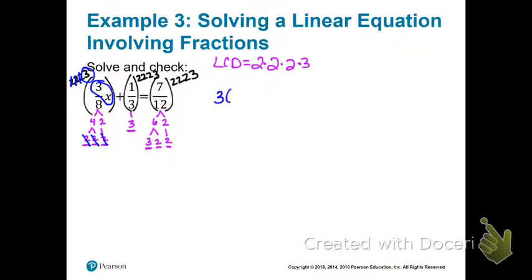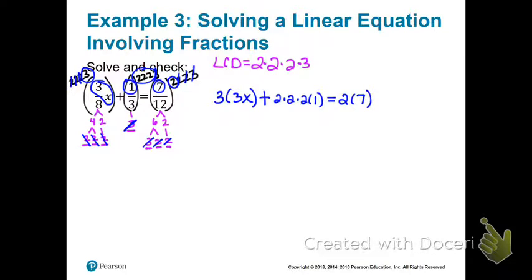So we have 3 times 3x, and it's a plus sign there. The second one, I just wanted to get rid of the 3, so I have 2 times 2 times 2 times the 1 inside, and then it's an equal sign. And then the third fraction, I need to get rid of a 3 and 2 2's. So I'm left with 2 on the outside times a 7 on the inside.